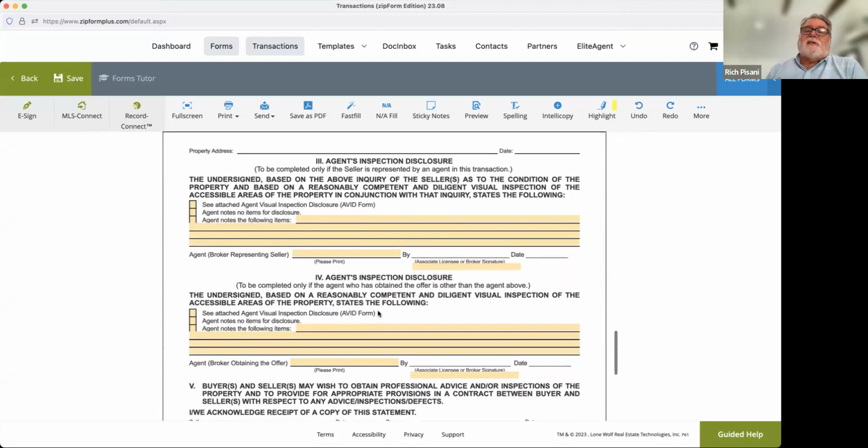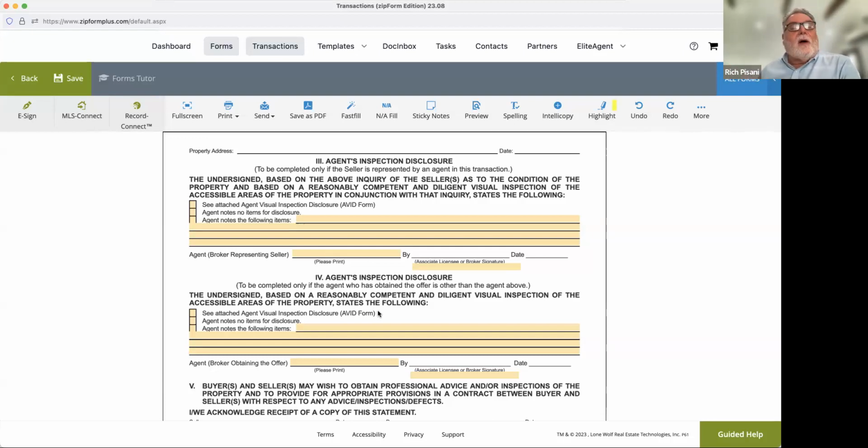Then page 3, this is very important: the agent is required by law to do a visual inspection. That is required by law. And as a brokerage, I require that the agents do this visual inspection and supply an AVID, which is an agent visual inspection disclosure.